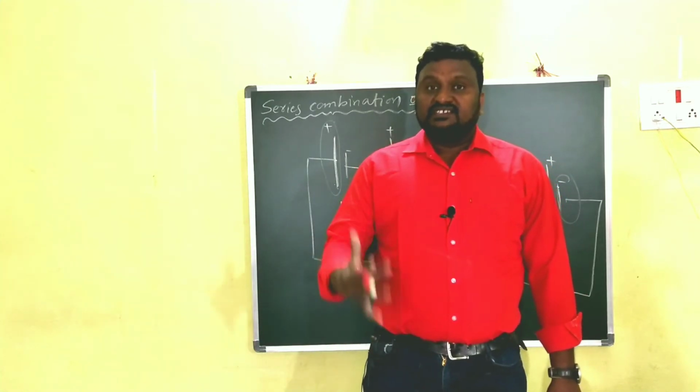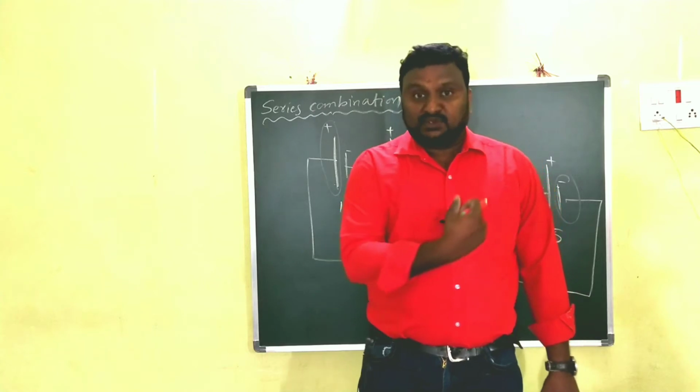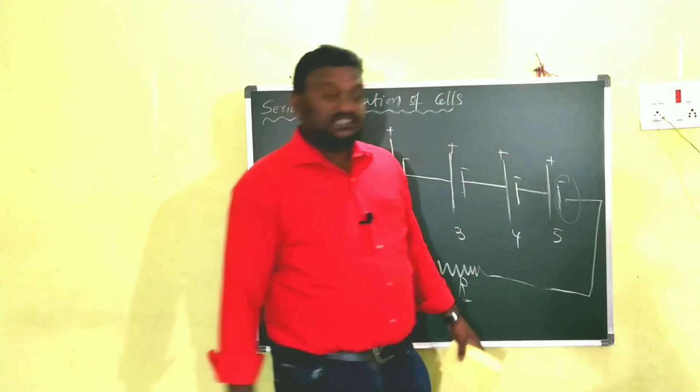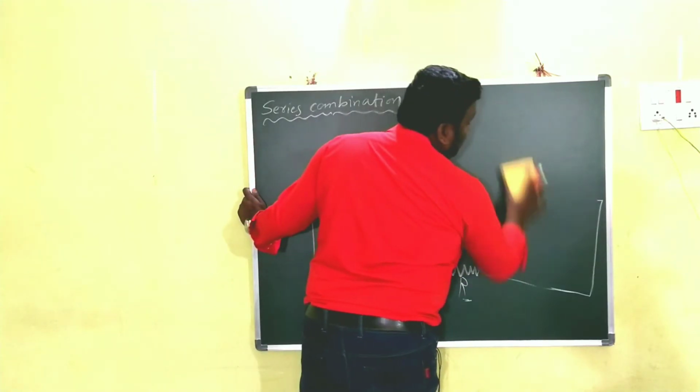So children, in this case we have to derive the expression for the amount of current passing through the series combination of cells. To understand that, we have some derivations.